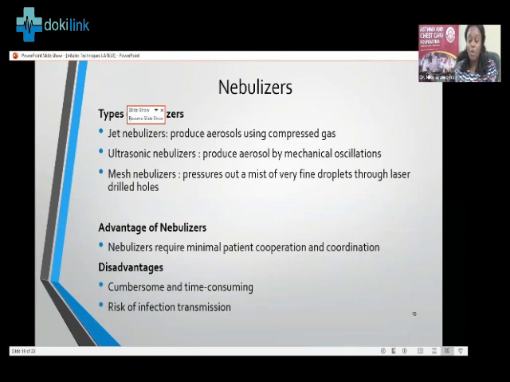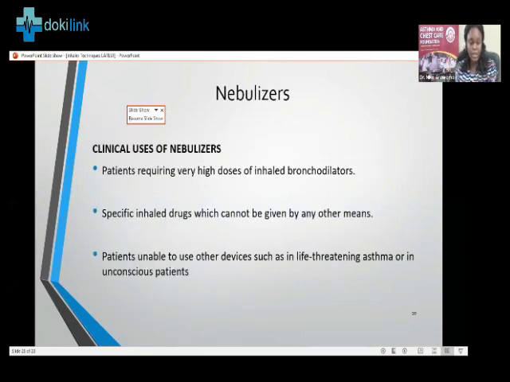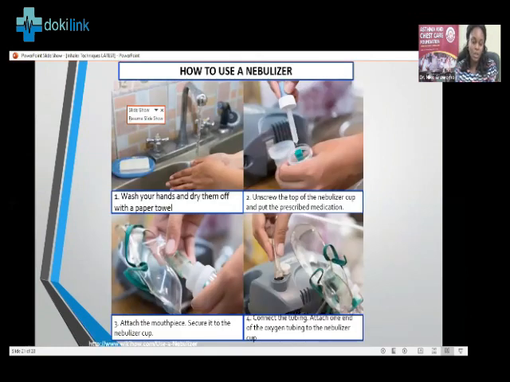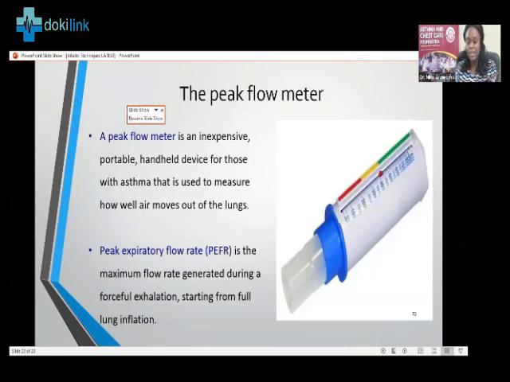And in this era of the COVID-19 pandemic, there have been concerns as regards the risk of transmission of SARS-CoV-2 with nebulizers. And as such, nebulizers are indicated when patients are in life-threatening condition or in unconscious patients. Sorry, time will not permit me to take us through how to use the nebulizers.